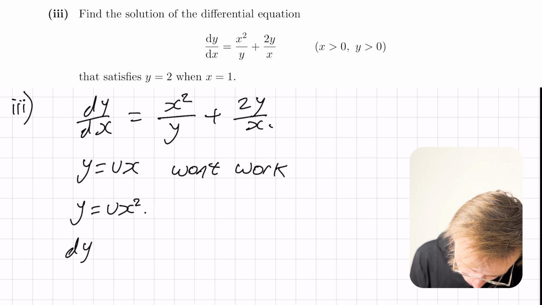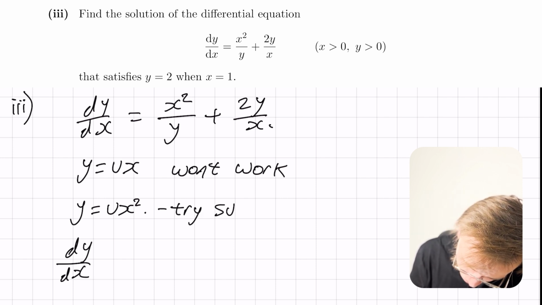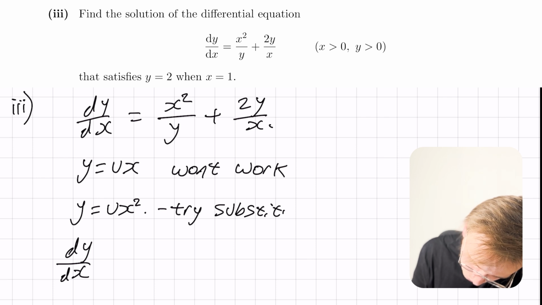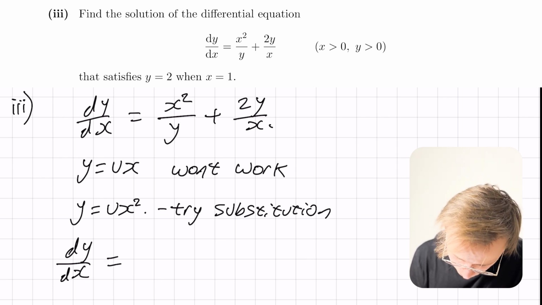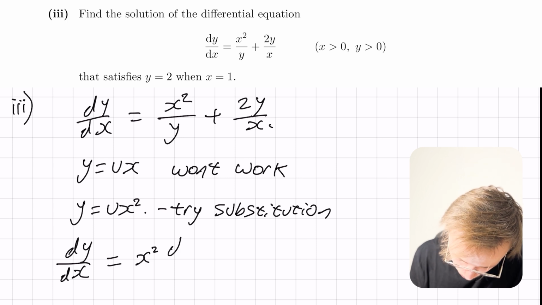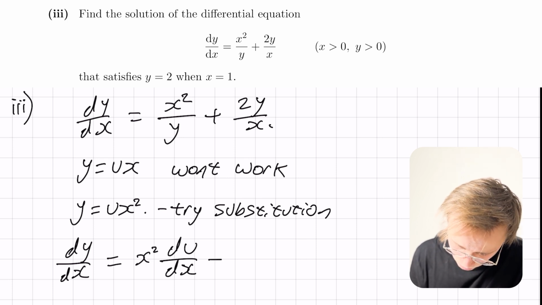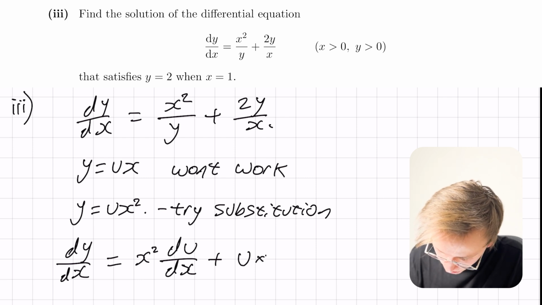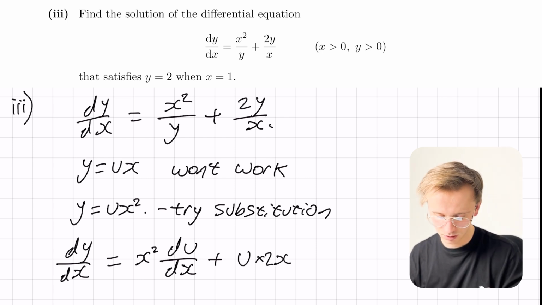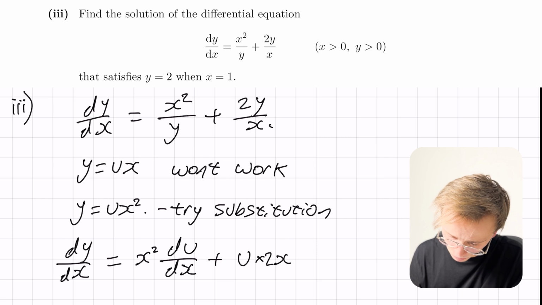So dy by dx, just right here, try substitution. Dy by dx equals x squared du by dx plus u times the differential of the x squared, which is 2x. Okay. Ooh, looking promising actually.